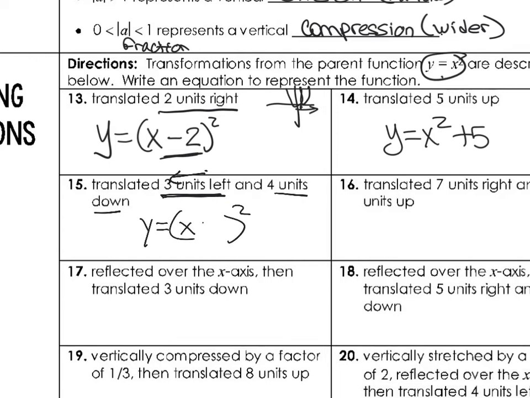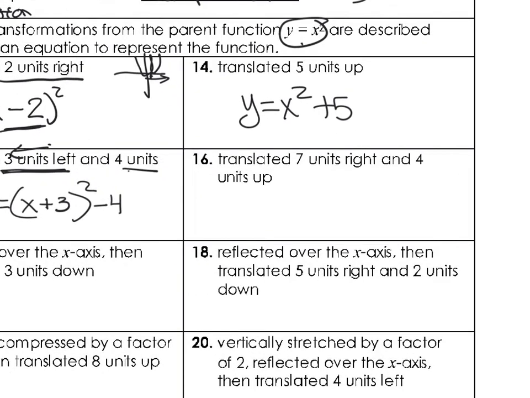Negative 3, but inside you do the opposite, positive 3. And then 4 units down would be negative 4. All right. Translated 7 units to the right, so that's positive 7. And then up 4, which is positive 4.